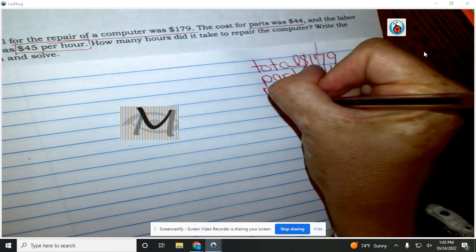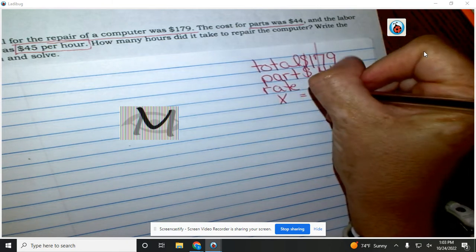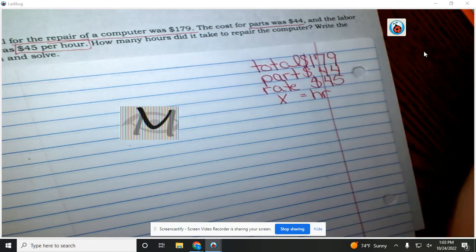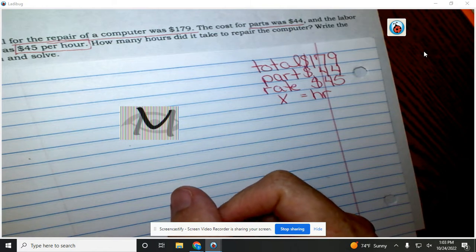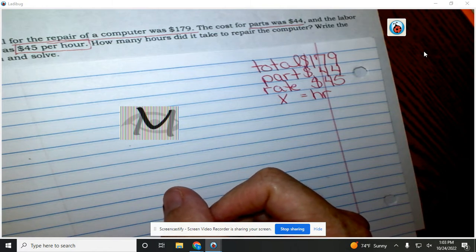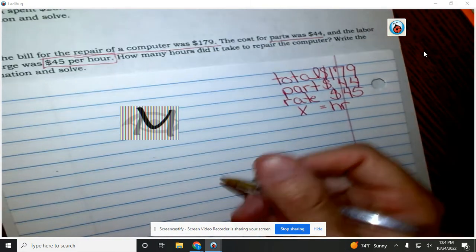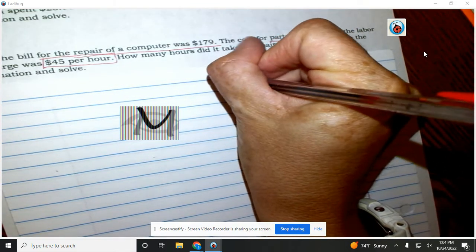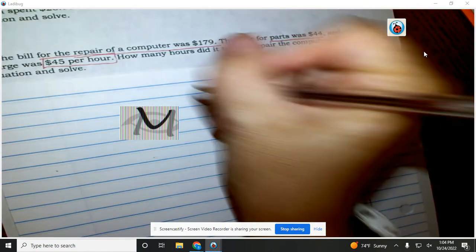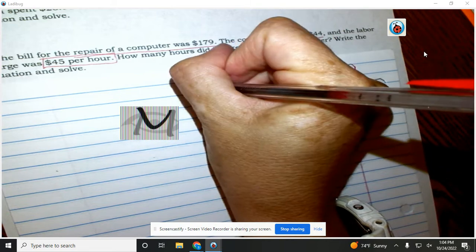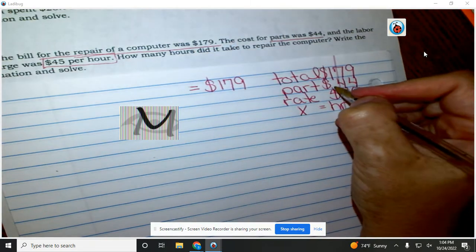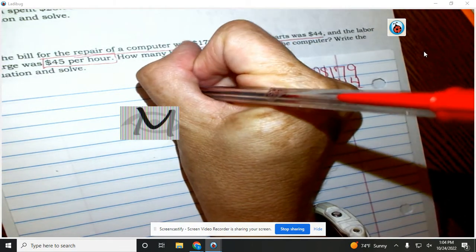But X is the hours that you worked on it. So, working backwards again, we know that the total was $179. Okay? We have one part which was $44.